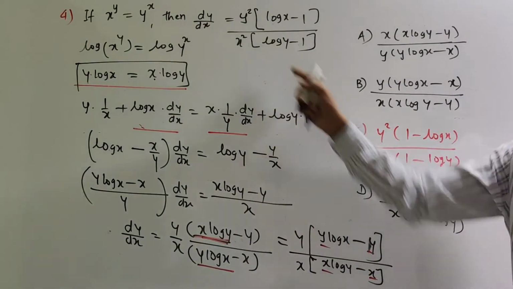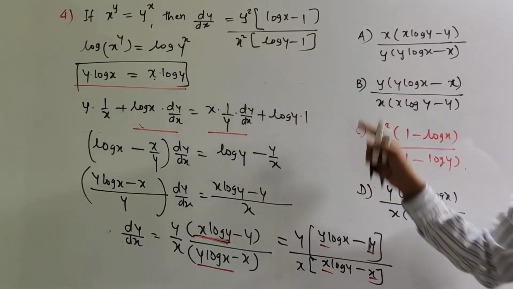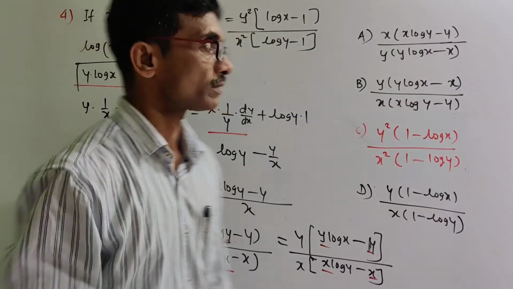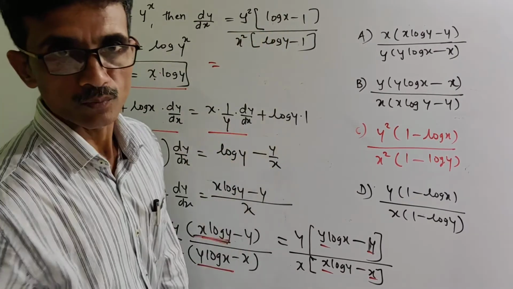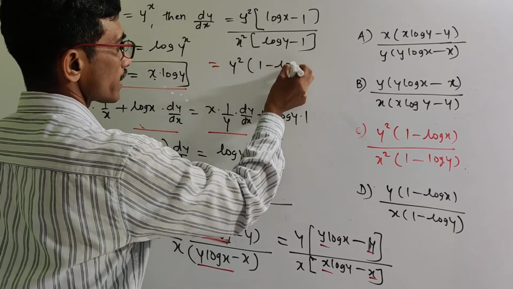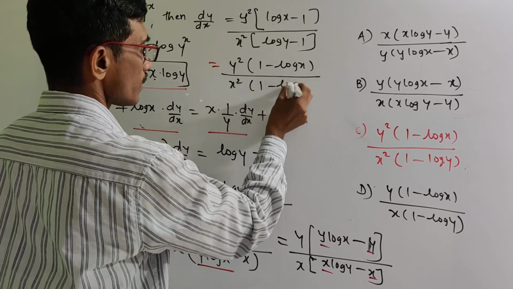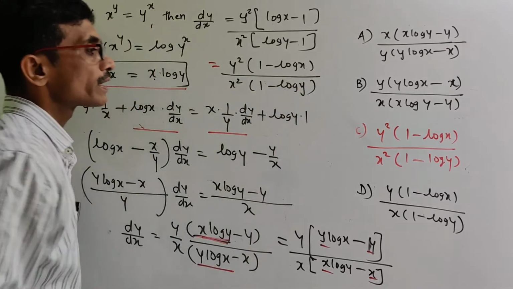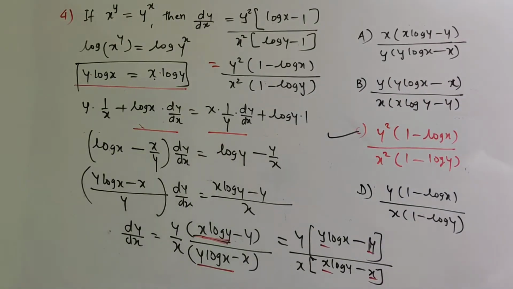So clearly we have option C, y squared. Taking the minus sign common from numerator and denominator, we simplify further. It gives y squared into 1 minus log x, and here x squared into 1 minus log y. So we are getting this option, y squared upon x squared.